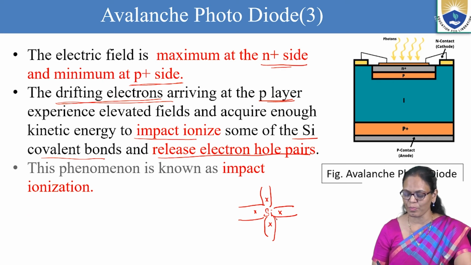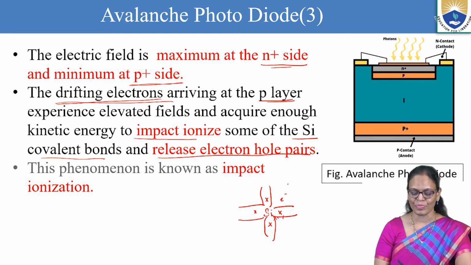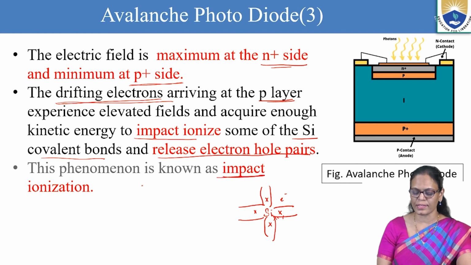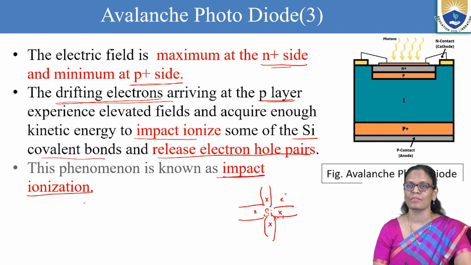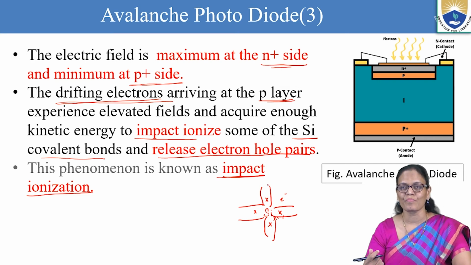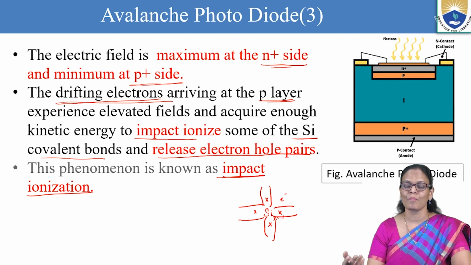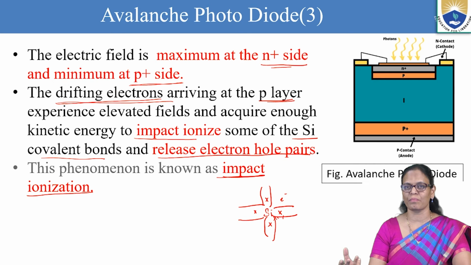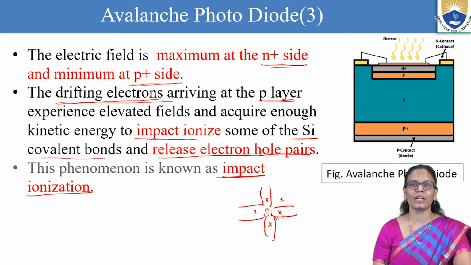So they will try to break these bonds and make the electrons free. When the bonds are broken, the electrons become free and this phenomenon is called impact ionization. The electrons that are gaining the energy are now capable enough to impact ionize and break the covalent bonds and release the electron pairs. This phenomenon we call impact ionization.